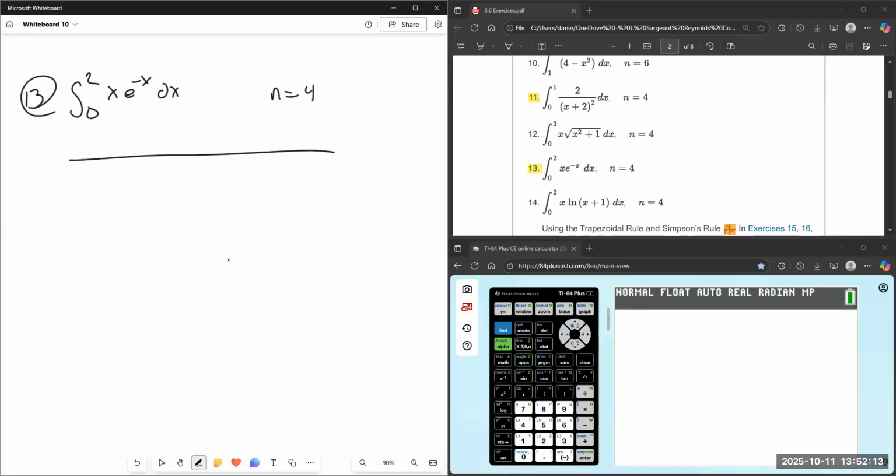So we have 2 minus 0 over 4, which is a half. We have 0, a half, 1, 3 halves, and 2 as our x values that we're interested in. Our 1/2 of our delta x is a quarter, and our 1/3 of a delta x, which we need, is a sixth.